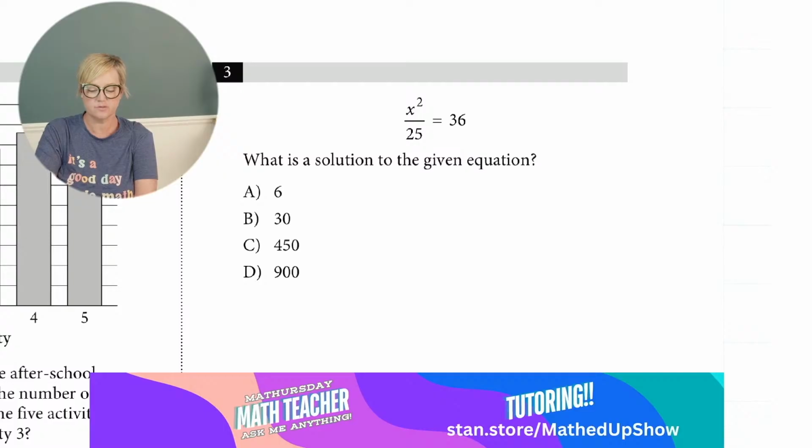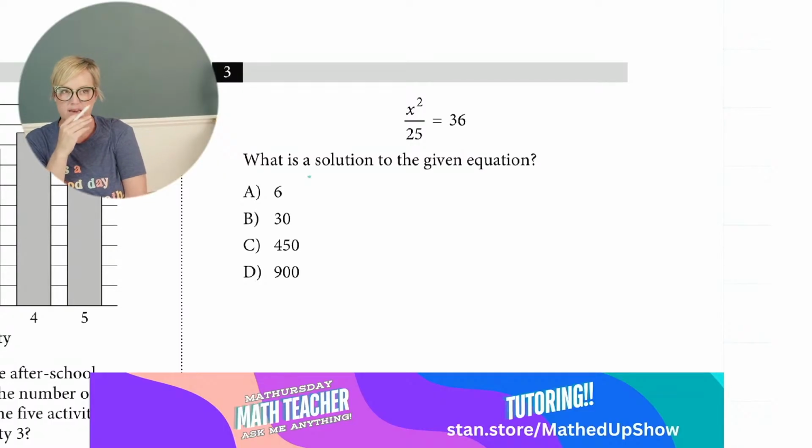That's why it says it's a solution, because only one of them is given out of these things. So that's why it says a solution, not the solution. Oh, seeing lots of B's.